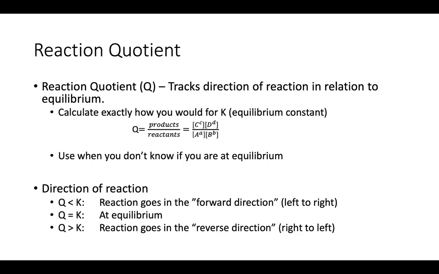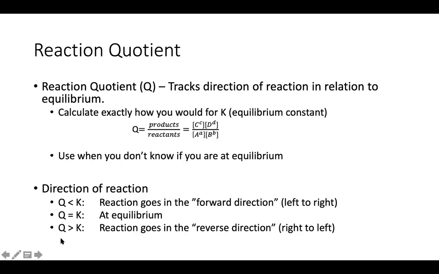So if your professor just gives you a bunch of data points and values, and you're trying to find your equilibrium constant, you should really write Q equals all those values, because unless you're told you're at equilibrium, it's just correct to write Q. Okay, and so in your typical problem, they'll give you a bunch of concentrations or a bunch of pressures, and they'll tell you your equilibrium constant is some value. Are you at equilibrium? And that's actually what we're going to do on the next slide. So I'll just let us get there.